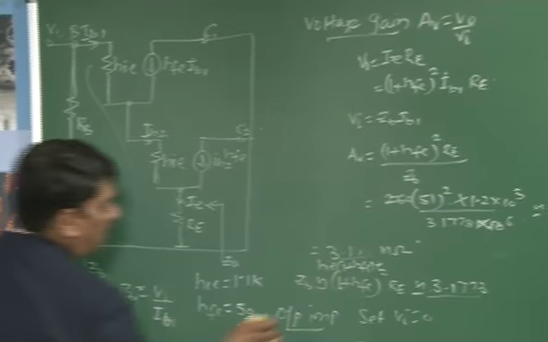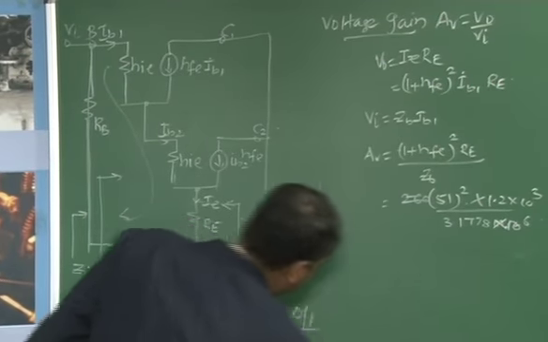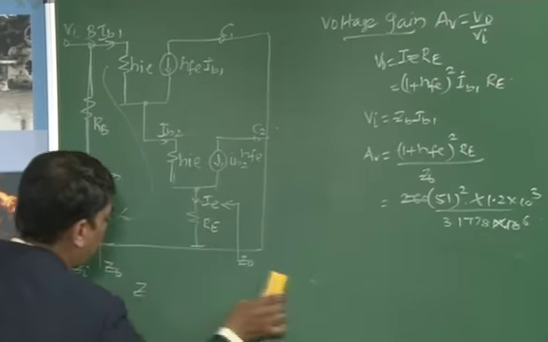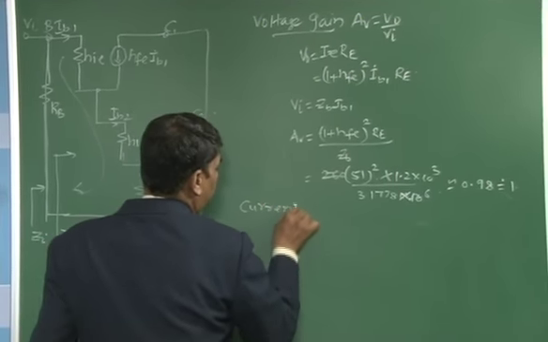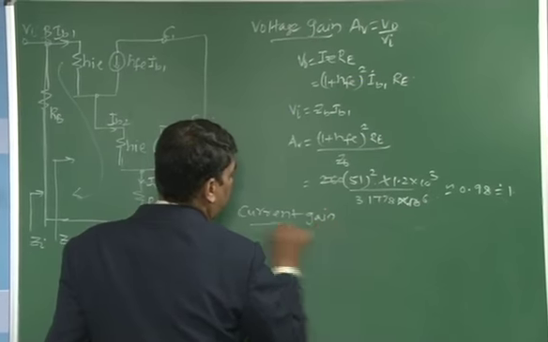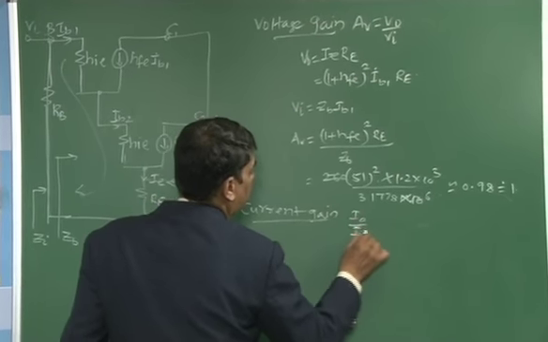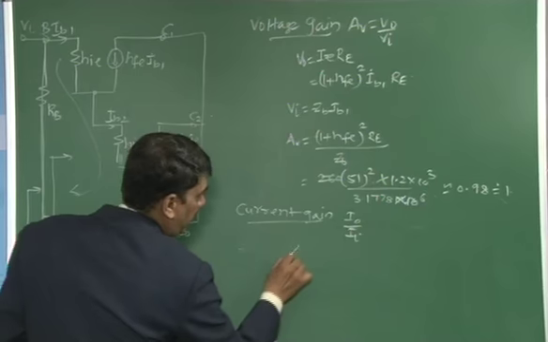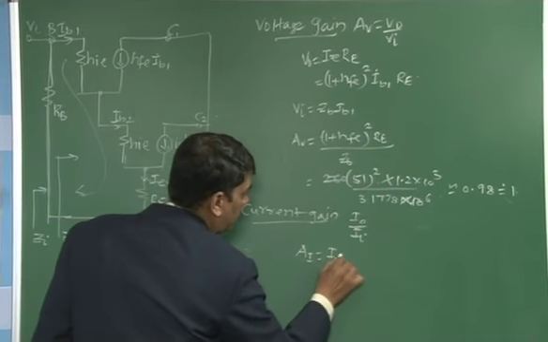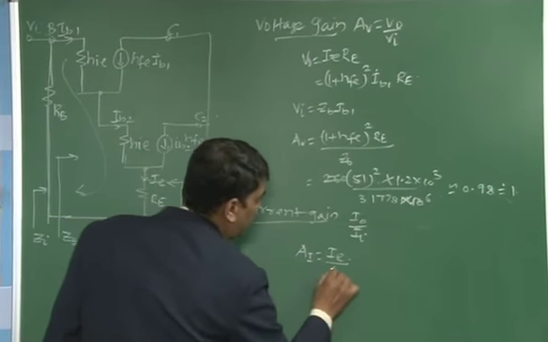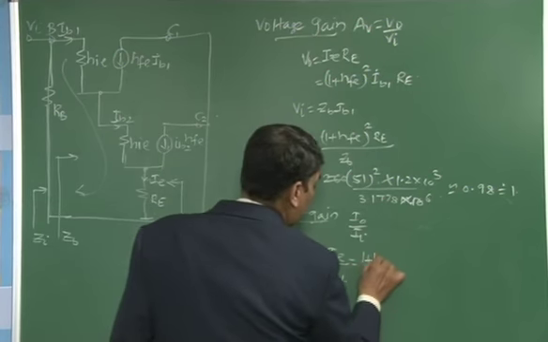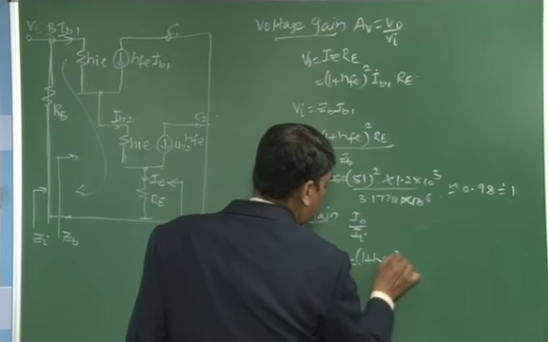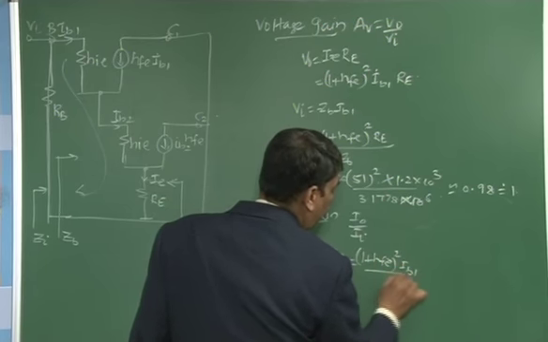Next we need to determine the current gain. Already we know that the current gain of an amplifier is given by I naught by Ii, where AI is equal to output current IE divided by input current IB1, where IE is equal to 1 plus HFE squared into IB1, divided by IB1.